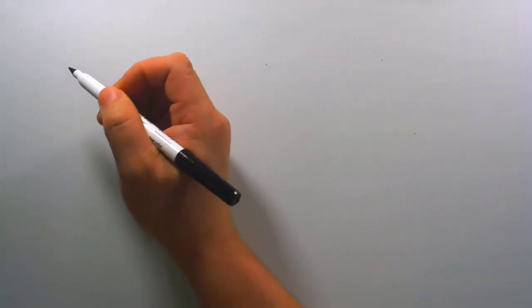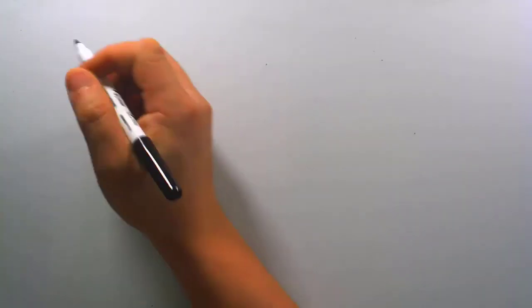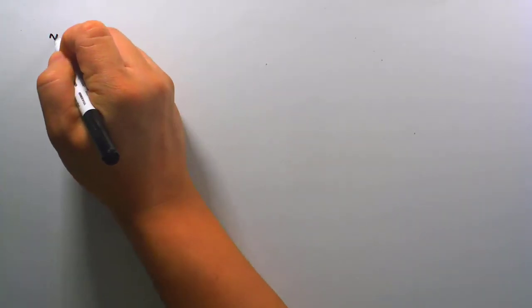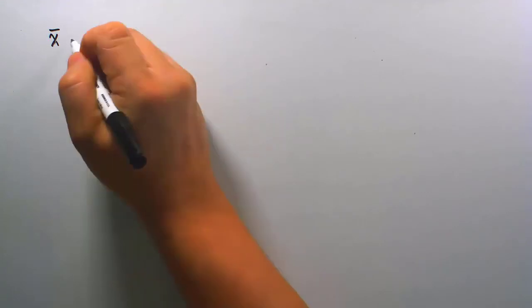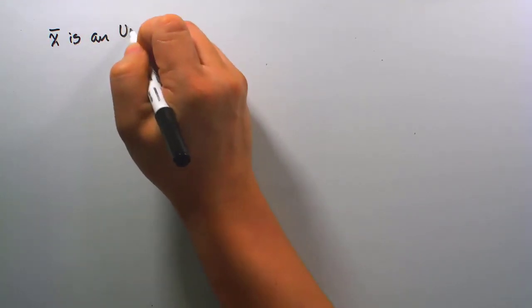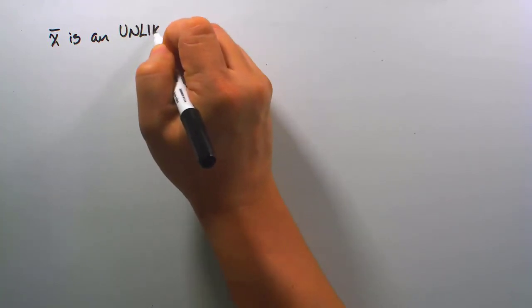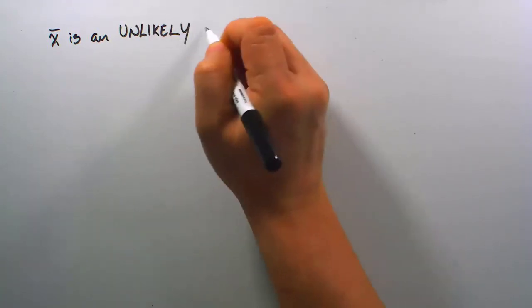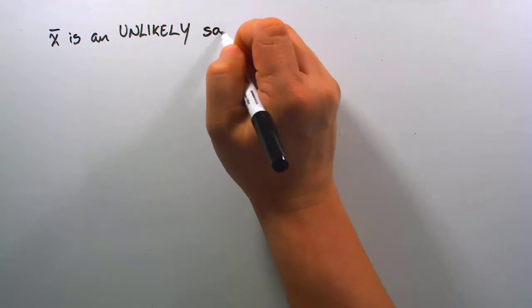Now that we know our sample mean value, X bar, is among the unlikely values, leading to X bar itself, our sample mean value, is an unlikely sample value itself.